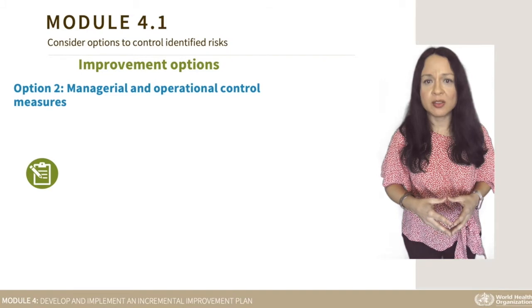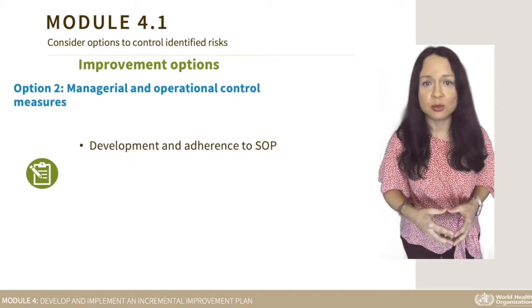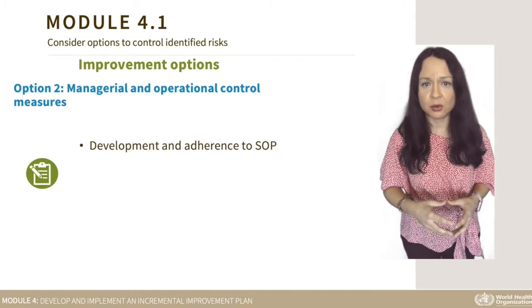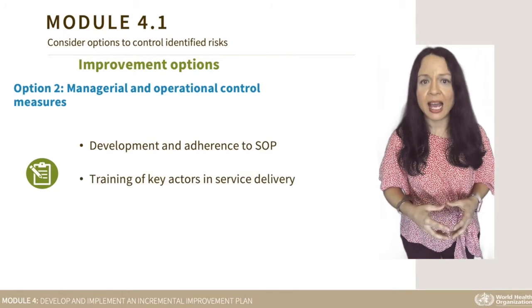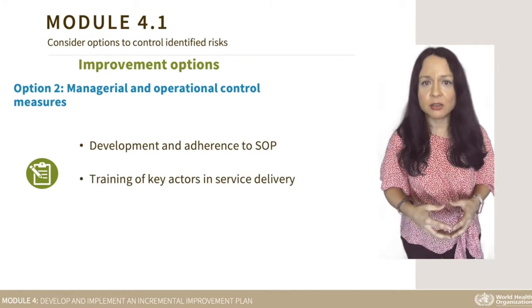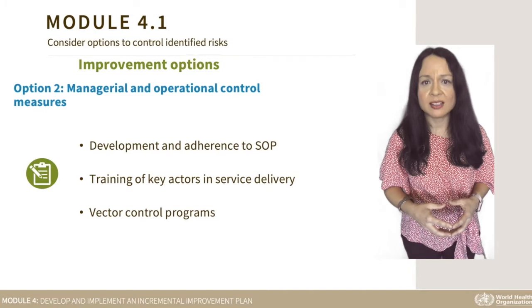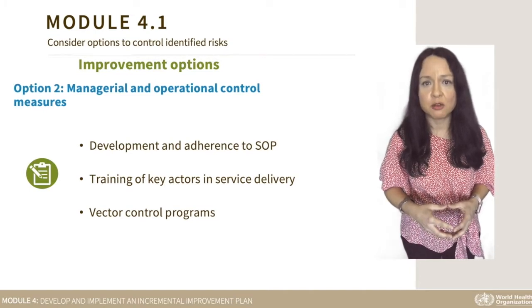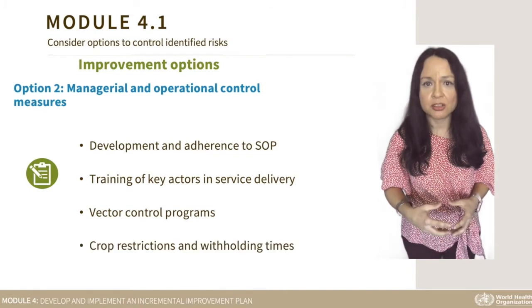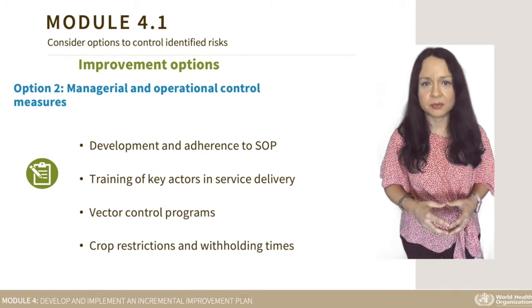Examples include the development and adherence to standard operational procedures or SOP, training of key actors in service delivery, vector control programs, as well as operational measures specific for reuse such as crop restriction and withholding times.